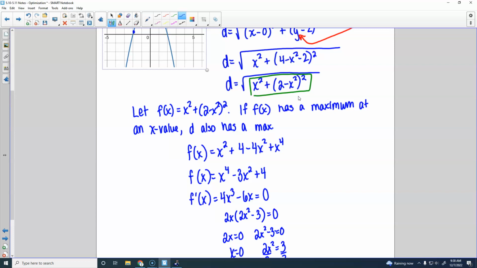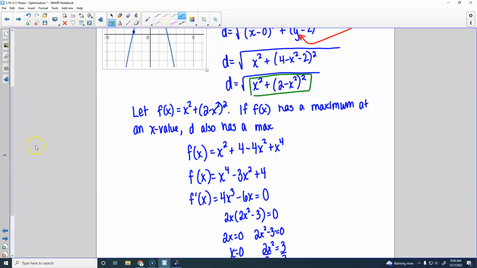Does that make sense? You could do this by taking the derivative of d. It's just harder because here I had a really easy derivative to take. This is not an easy derivative, so it just makes it a longer problem. It could still work for relative minimums because relative minimums might still be positive values.